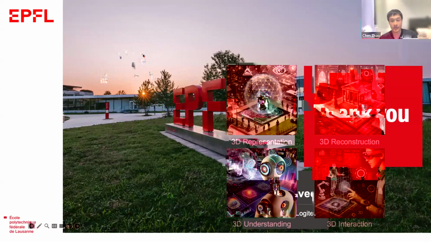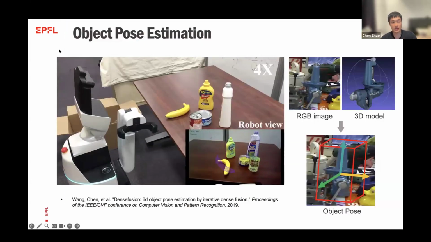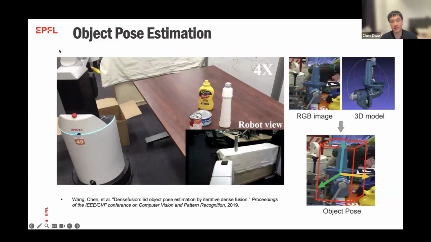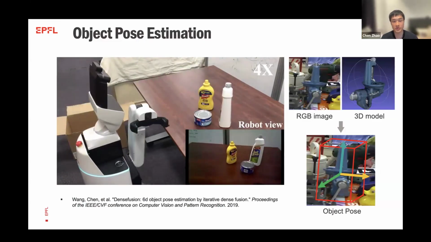Actually, Federico and Sakib already introduced 3D representation and 3D reconstruction, so I'll just start with 3D interaction. For 3D interaction, the goal is how we interact with the 3D physical world. In this direction, there are many different tasks, and I've been working on object pose estimation.